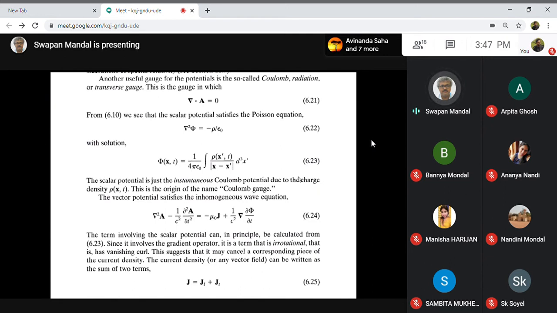Since it is related to the Coulomb potential, for this reason this gauge condition is called the Coulomb gauge, because it gives you the solution which is called the instantaneous Coulomb potential. So you have got the instantaneous solution, phi as a function of x and t, the solution for the scalar potential. Now, what is happening for the vector potential?